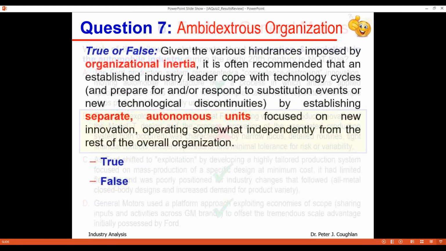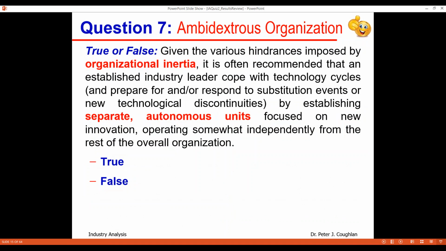All right. Question 7, all about the ambidextrous organization, even though the question didn't say that. True or false: given the various hindrances imposed by organizational inertia, it is often recommended that an established industry leader cope with technology cycles and prepare for and/or respond to substitution events or new technological discontinuities by establishing separate autonomous units focused on new innovation, operating somewhat independently from the rest of the overall organization.